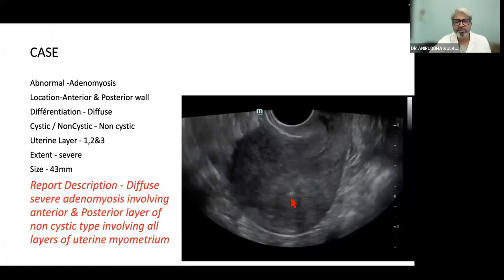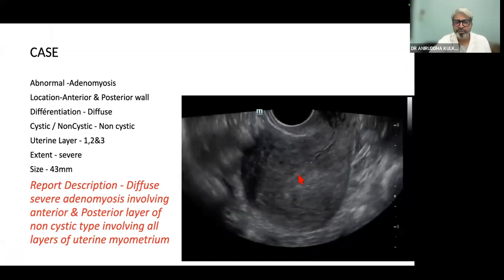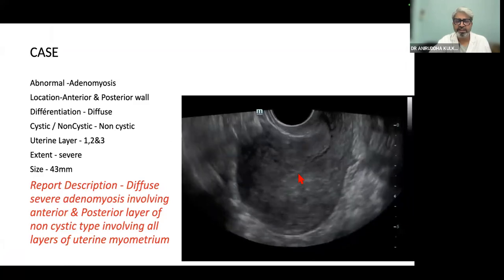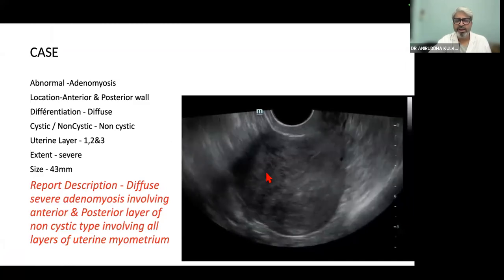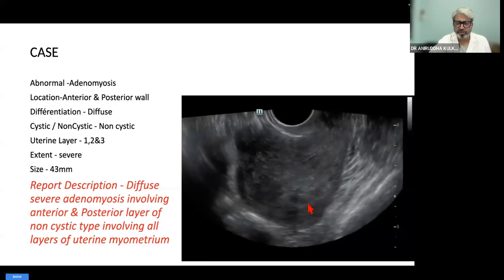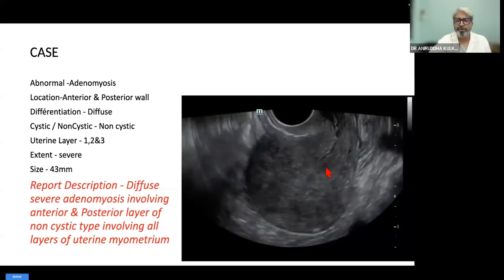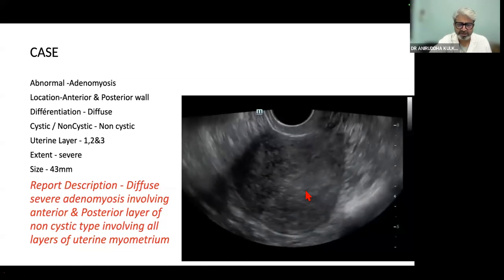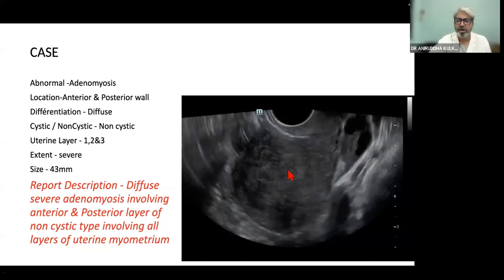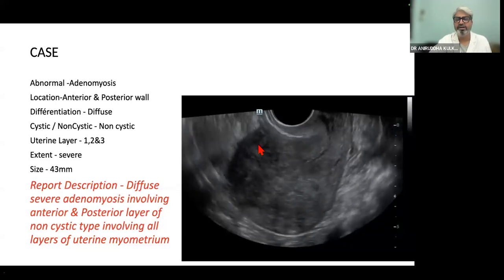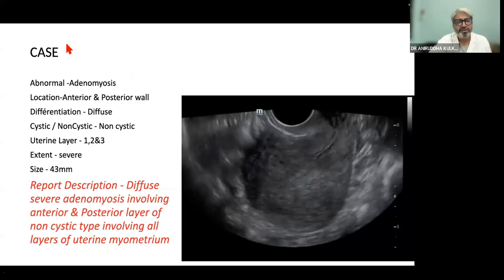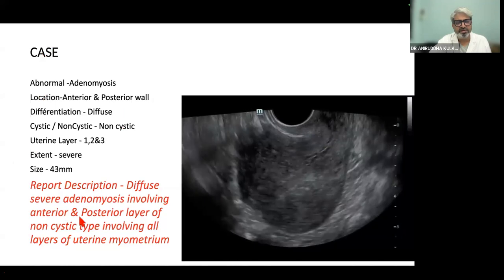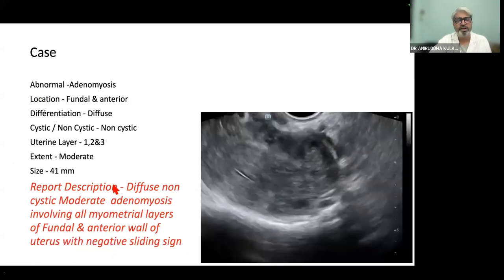Now, in this patient, you can see that it's a diffuse, severe variant of adenomyosis involving the anterior and posterior wall of the uterus, and predominantly it is of a non-cystic variant. And it is involving all layers 1, 2, and 3 of the myometrium. So I have taken into consideration all the 7 features and I have reported it accordingly.